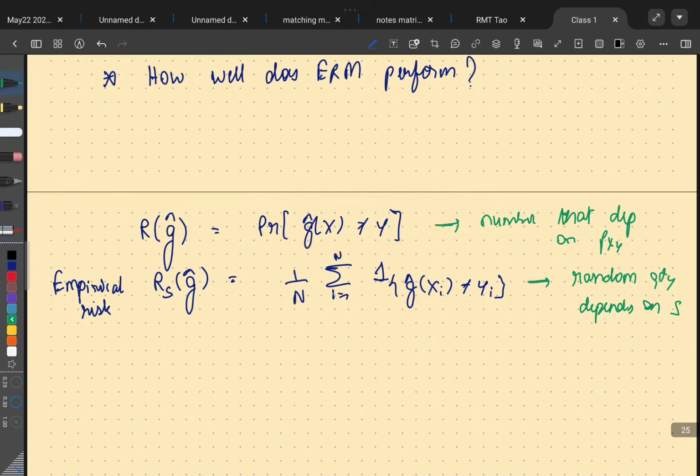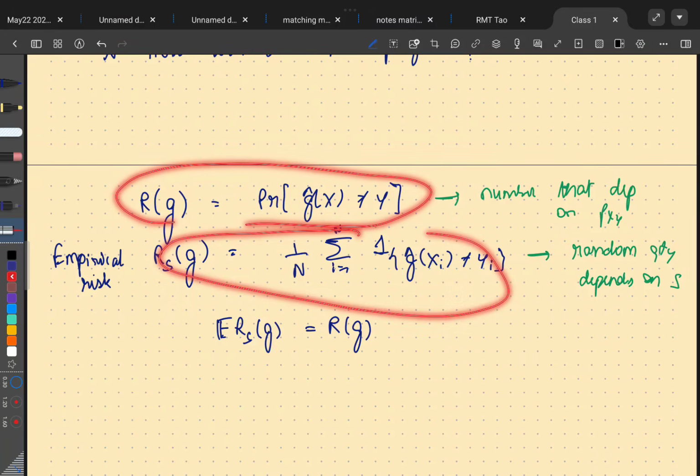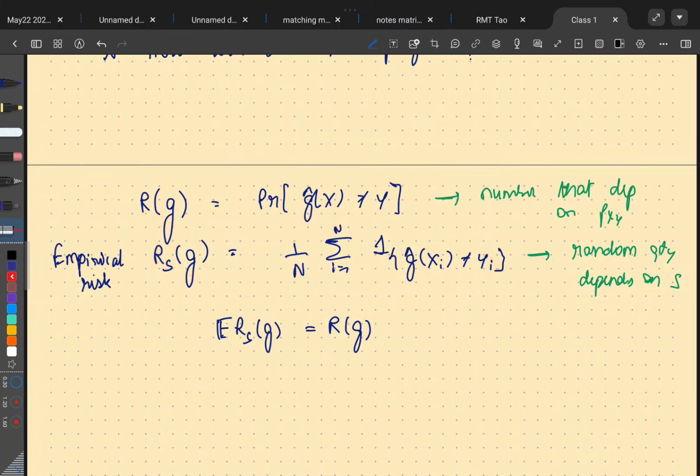Right? In fact, what is the expectation of RS? Let's leave the G hat out for now. Let's take any particular function G. What is the expectation of RS of G? It is just R of G. You all agree? Okay, good. So if I take any fixed G, then this quantity is going to be very close to R of G. That's what we're guaranteeing.